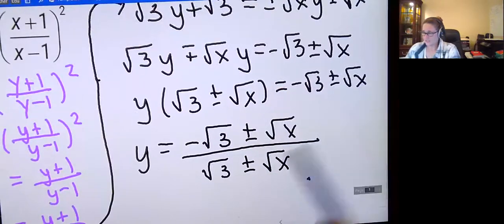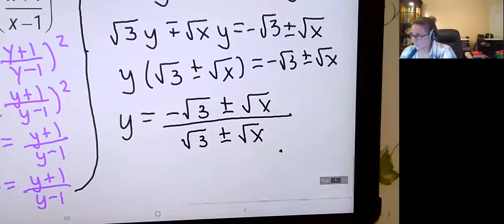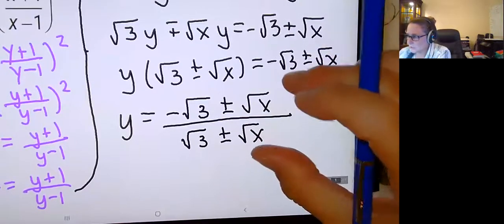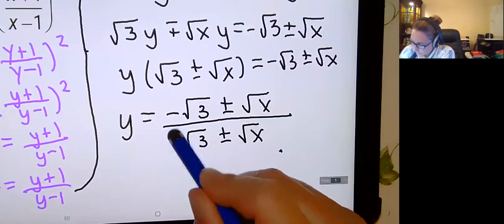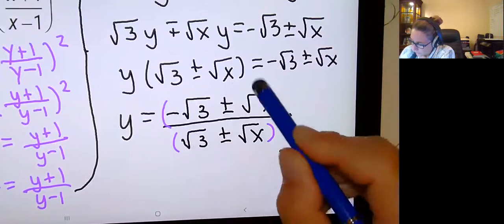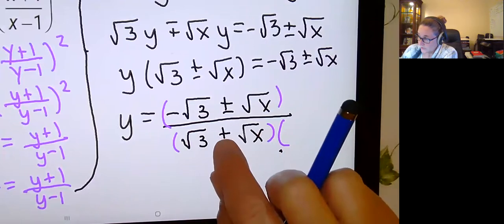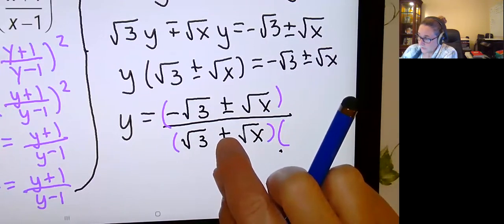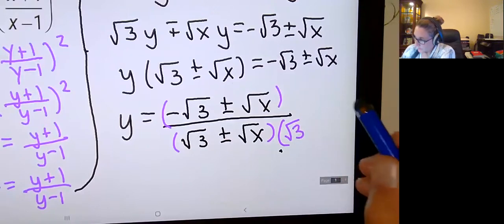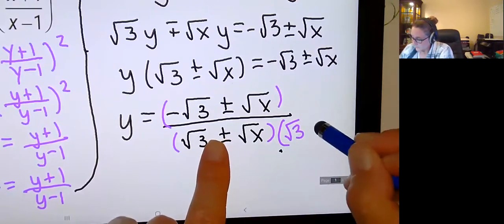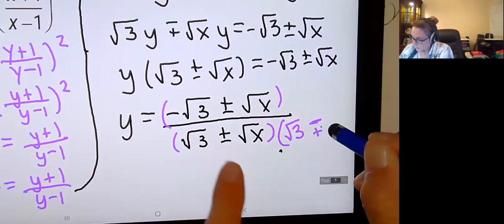So again, this is an acceptable answer, but if you're looking in the math book for an answer, it would not look like this because we do not like radicals in our denominator. So what you would do is multiply the top and the bottom by the conjugate of this. You have one that is a plus and one that's a minus. So the conjugate would be opposite signs. If this one's a plus, then the conjugate would be a minus, and if this one's a minus, the conjugate would be a plus.